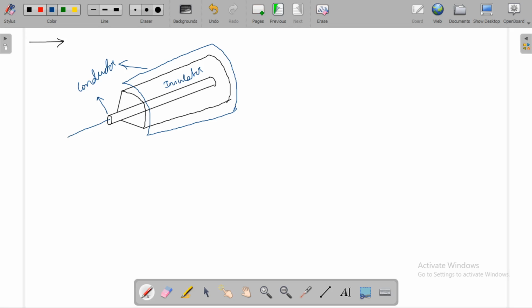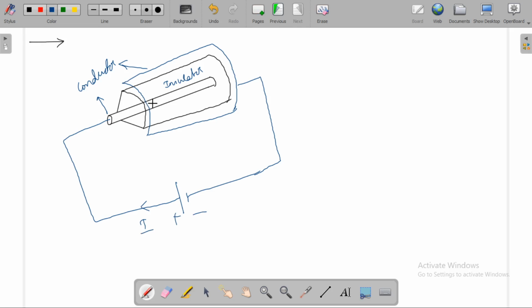So what we do is, let me apply voltage. We have two conductors, in between insulating material. This will be the direction of current.